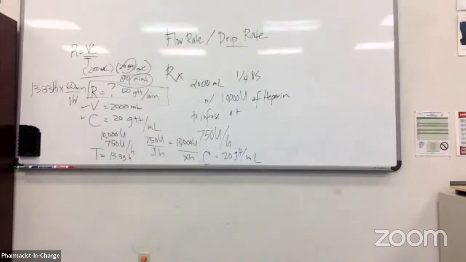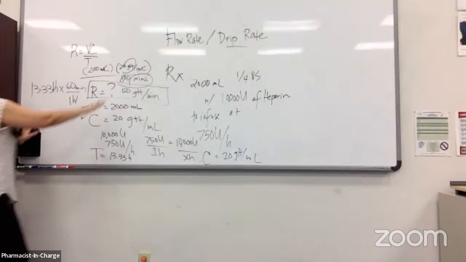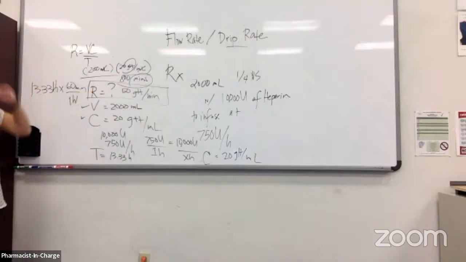Questions 1 to 10 will be similar. If you know the steps I just did, if you took note of that, it's repeatable. Why did I erase my hour again? Because the R should be in what? Drops per minute.